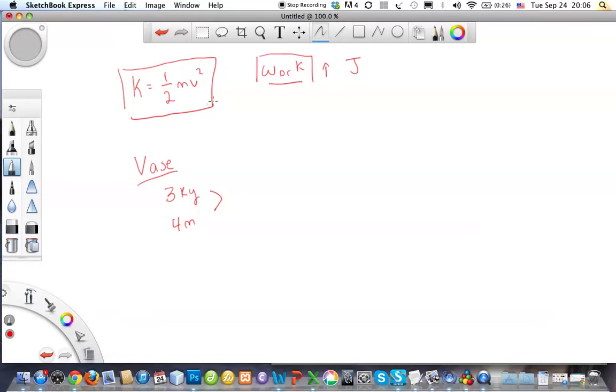So with that being said, again, work is energy transferred to or from an object as a result of the action of force.